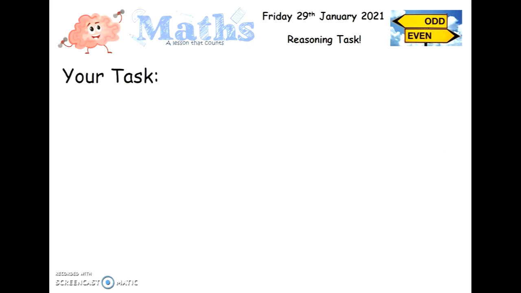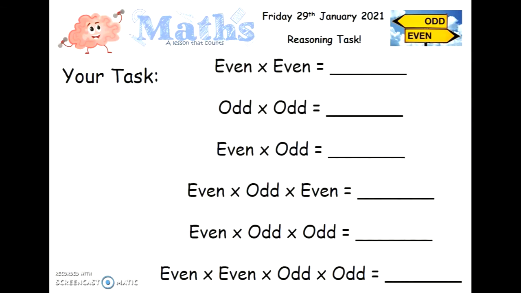Now, your task. Links to some of the multiplication we've been doing. Here are your statements. Even times even equals something. Odd times odd equals something. Even times odd equals something, and then even times odd times odd.